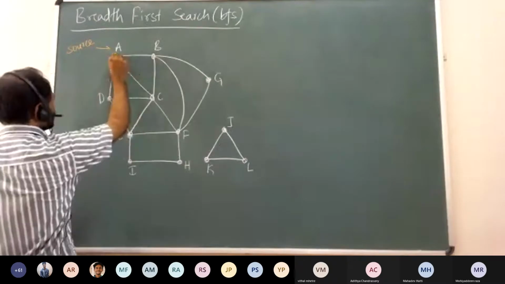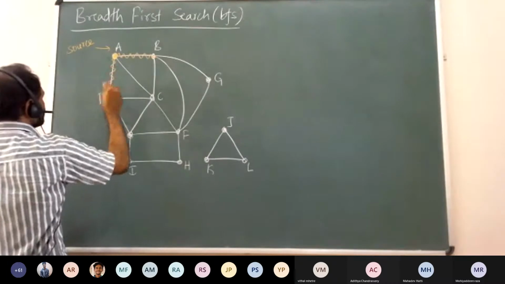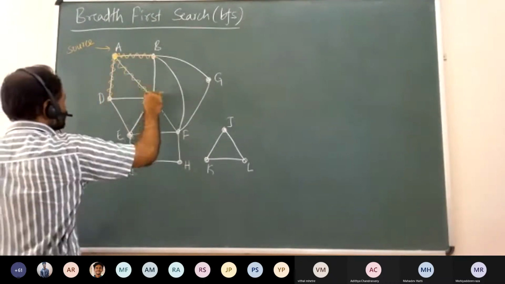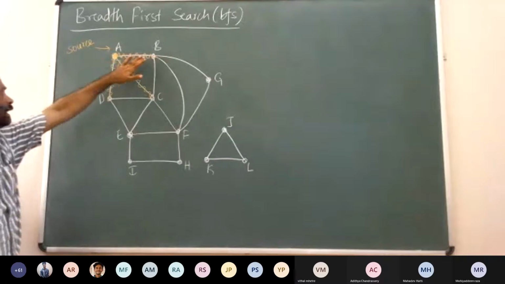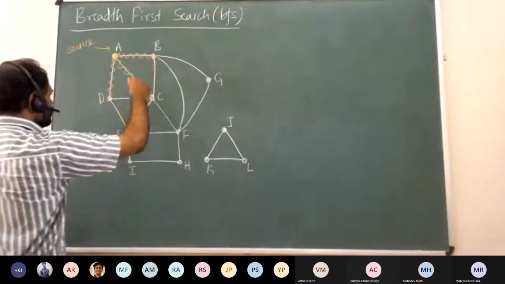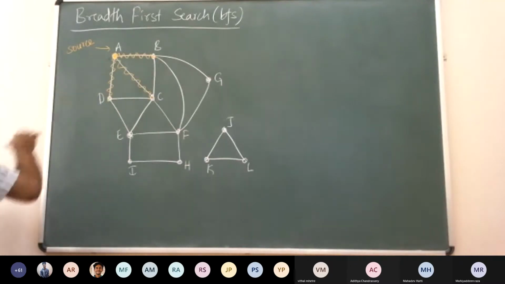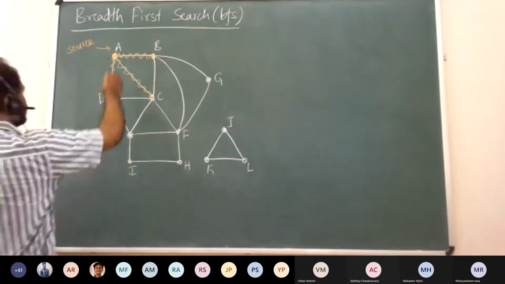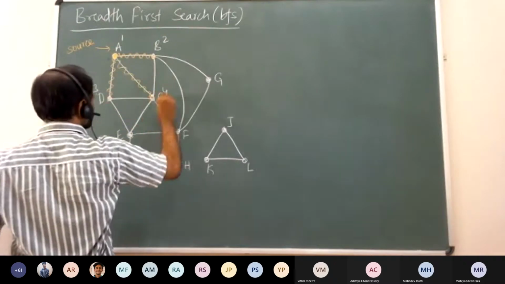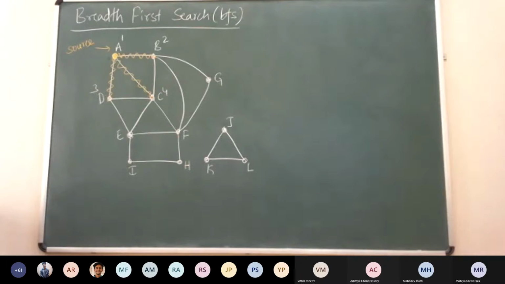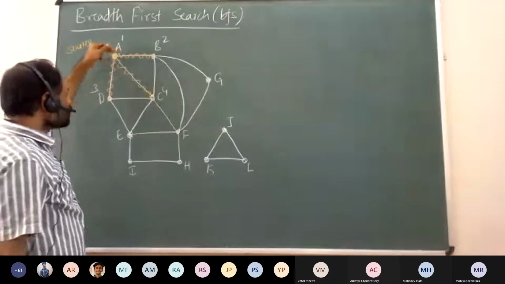Here, for example, first we visit A, then B, then D, then C. Let us maintain an order: first we visited A, then B was the second vertex visited, then D the third, and C the fourth.